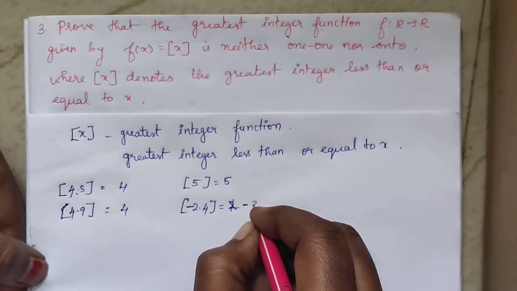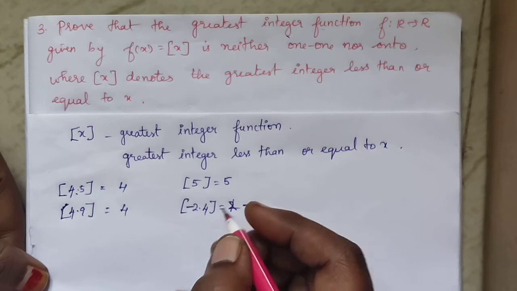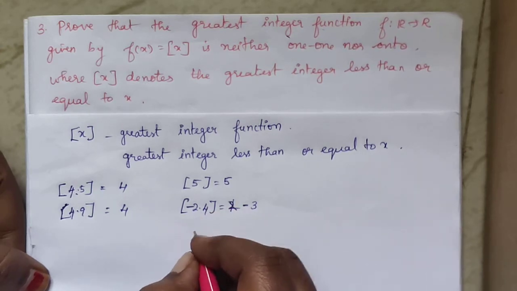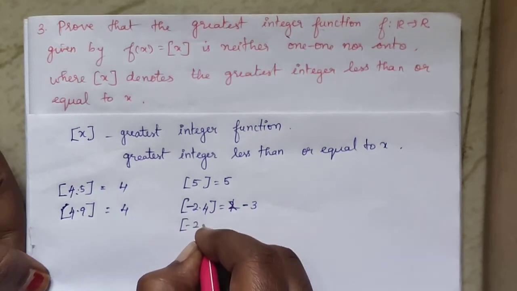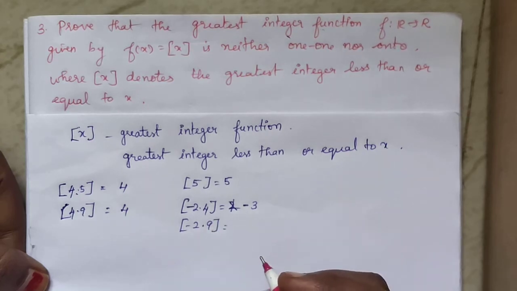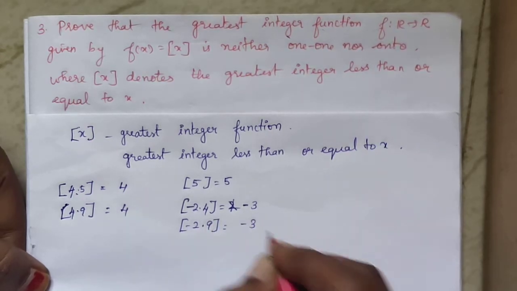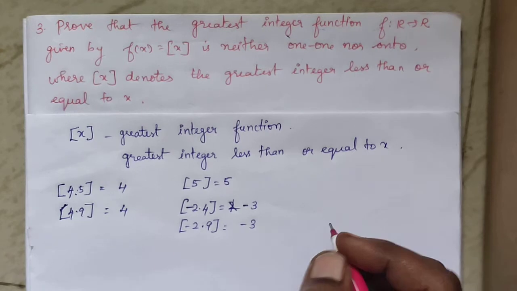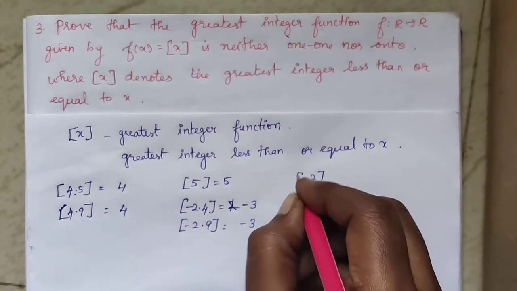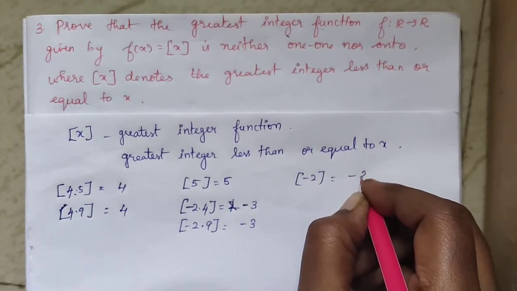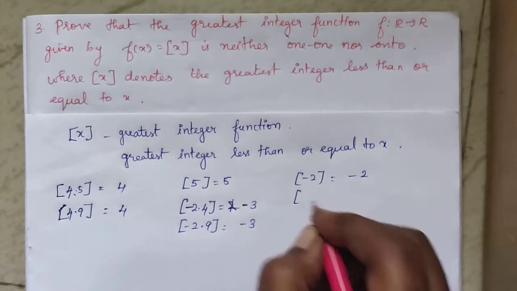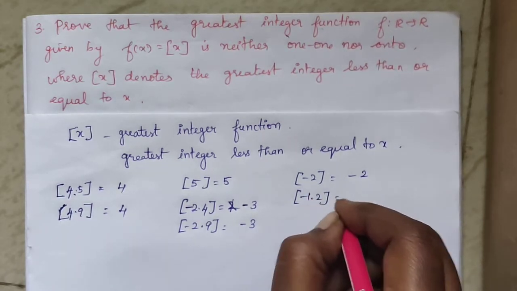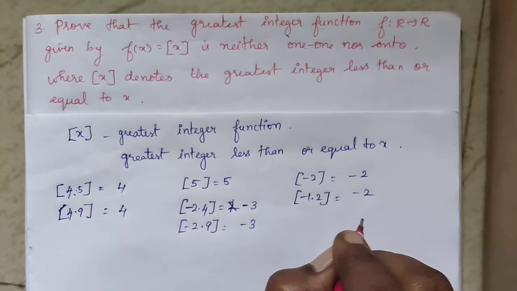Therefore for this, -3 will be the answer. Similarly for -2.9, for this also -3 will be the number here. Now for -2, it is -2 only. Now for -1.2, the number again will be -2 only.